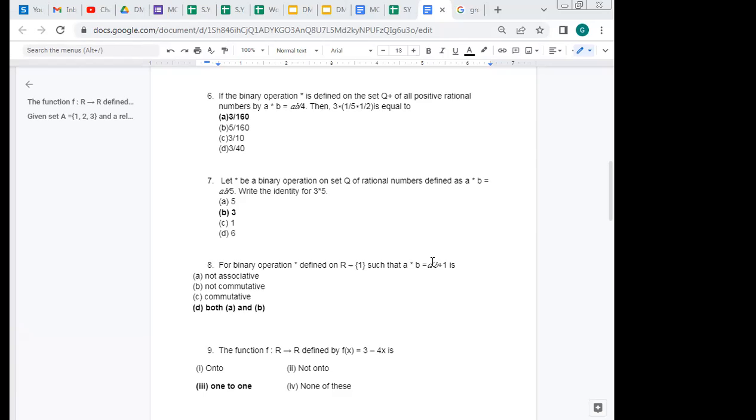So it is not associative and not commutative. So the answer here is both A and B.